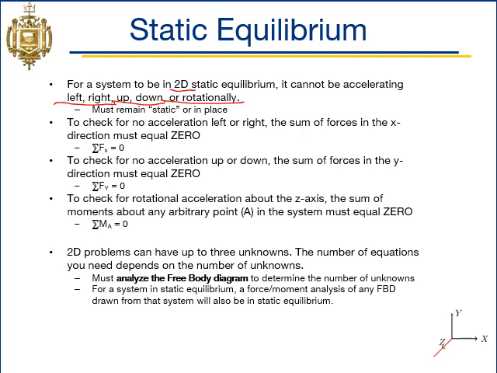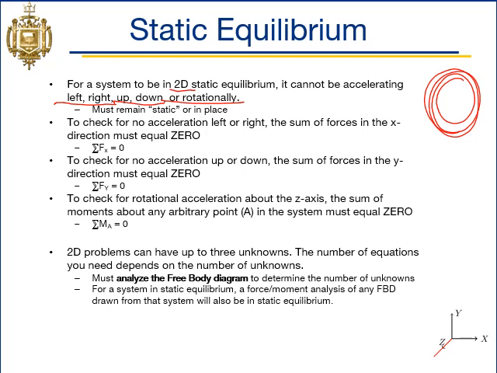We'll see what that looks like in a couple slides with some examples. But for our 2D static equilibrium problems, it can't be accelerating in the x direction, in the y direction, and it can't be accelerating rotationally. So it can't be spinning around like this.